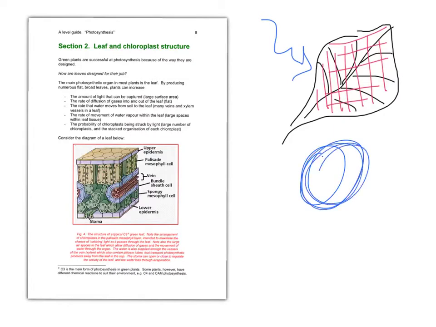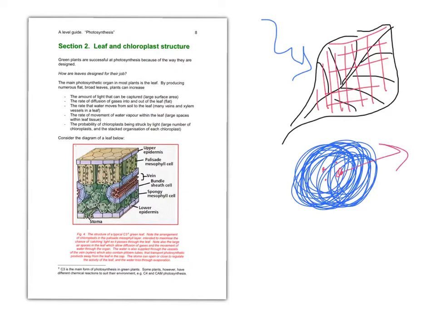So if you have this giant, spherical leaf that's thick, it's difficult for a molecule of oxygen in the center to diffuse outward. Whereas in this leaf, a molecule of gas here could easily move outward, out of that leaf.